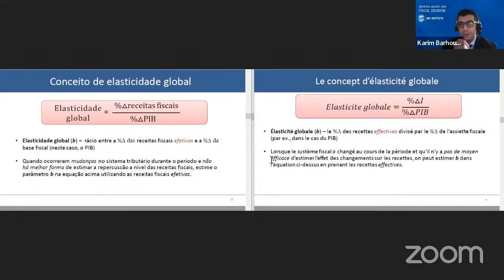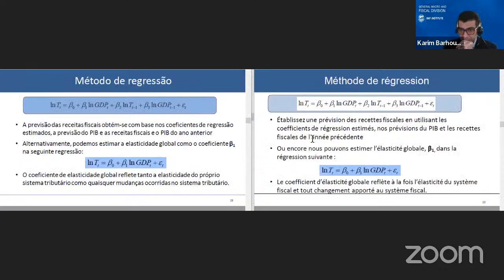Okay, now the other approach is to use regression, some inference of an econometric exercise. If you want to forecast your tax revenue, you can use the following, the first estimation we have here. We can regress your tax revenue on the GDP, which is the forecast of your tax base, and also on your past tax revenue and your past tax base, which is the GDP.